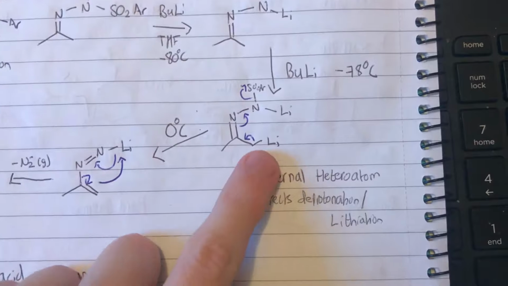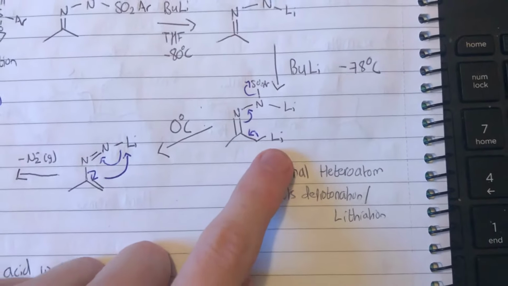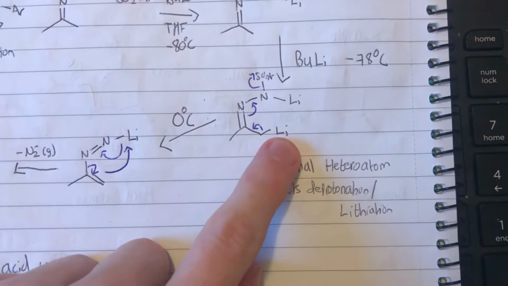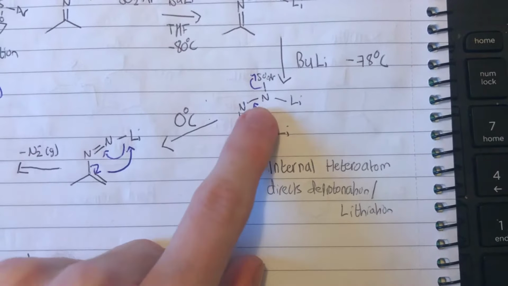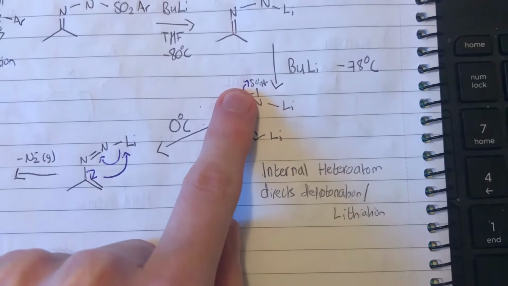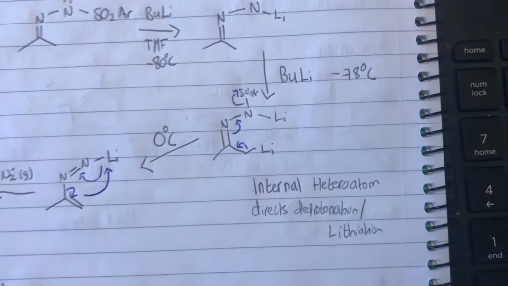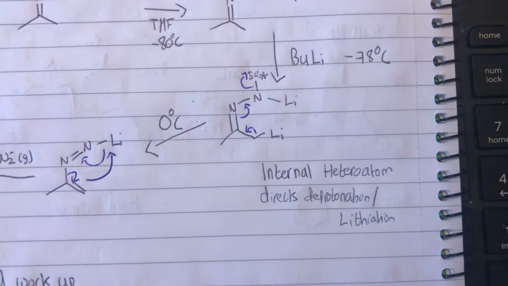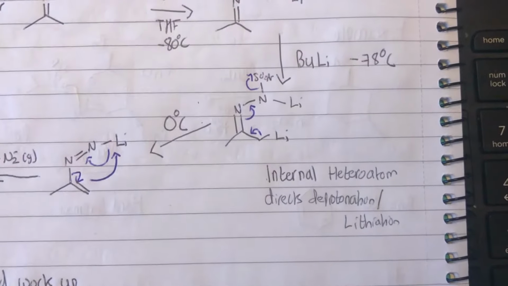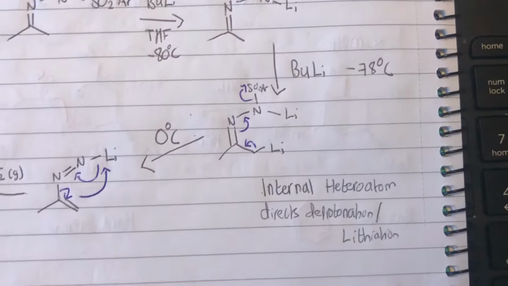Once you've added this lithium, we lose it straight away anyway, as this effectively goes all the way up here in order to remove our SO2 group, which I said was a protecting group. It's not really a protecting group, it's just a group that we can remove.